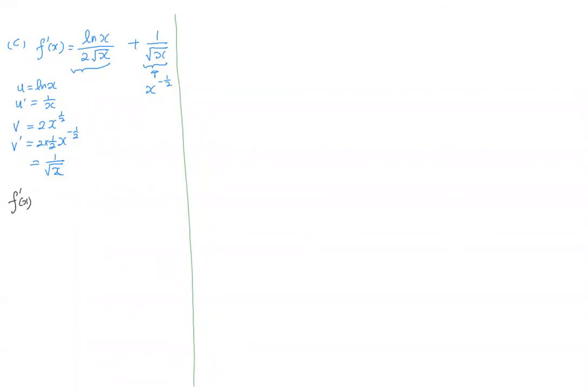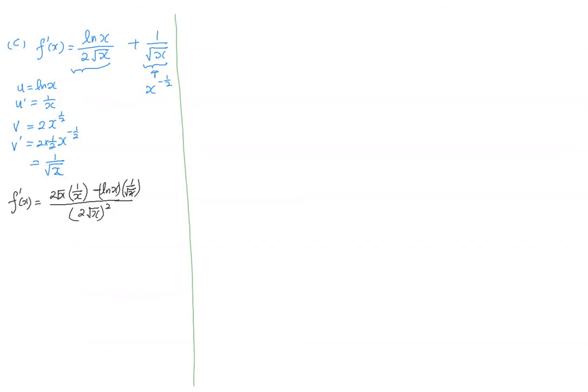The first one is the quotient rule: v u prime, take away u v prime, the whole thing over v squared.